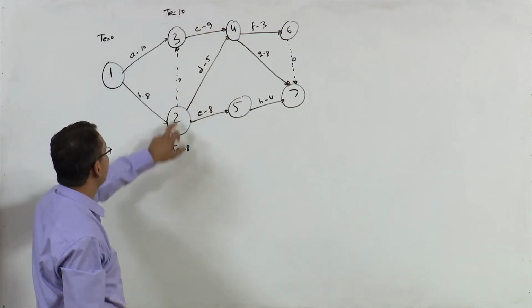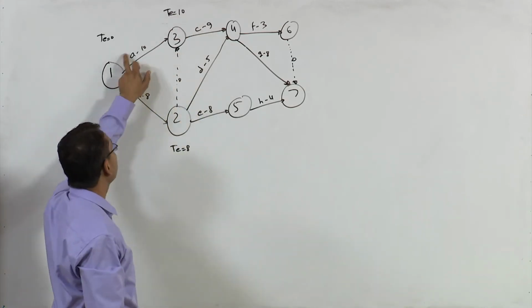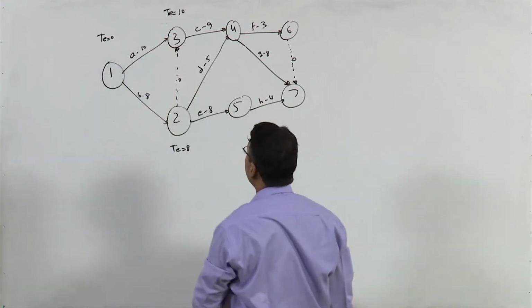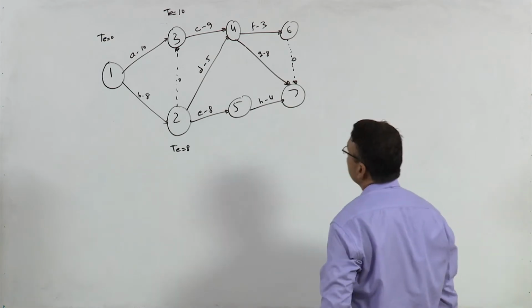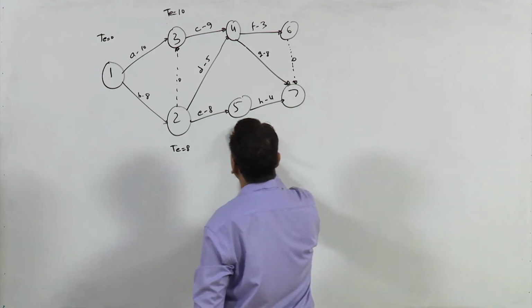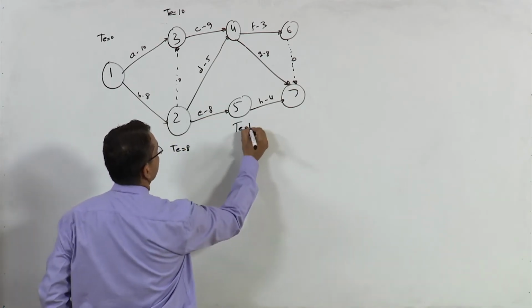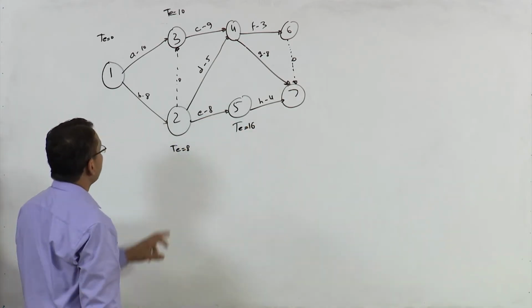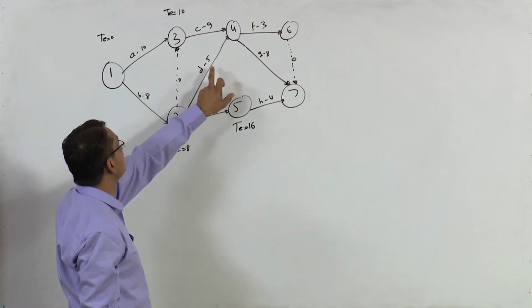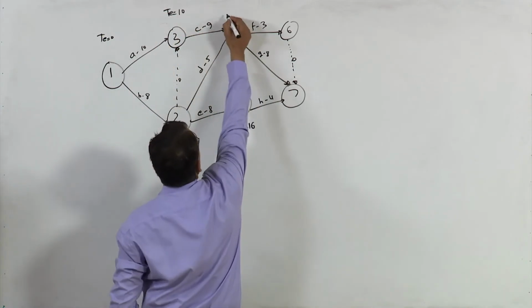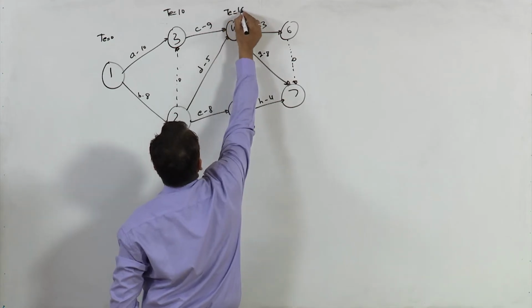If you go from this path, this would be 8, but we will take the longest one, right. Then you have got TE at this node 8 plus 8, 16, 8 plus 5 is 13, 10 plus 9 is 19, right.